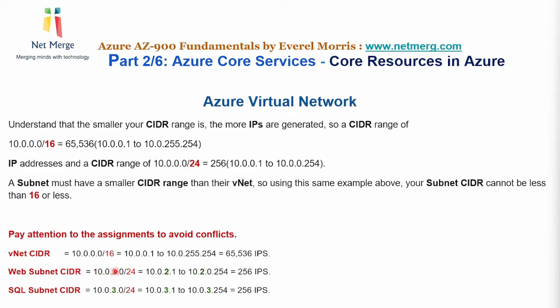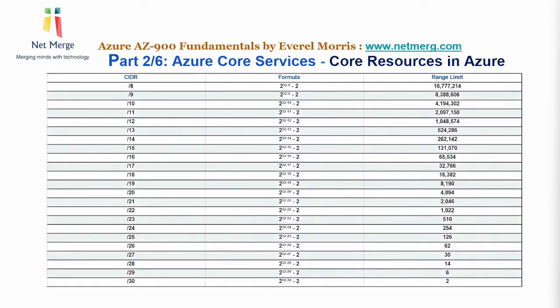So this is 10.0.2, and then I'm using 24, and this is 10.0.3, and then I'm using 24. So it creates a different series of IP addresses, and there would be no conflict in these CIDR ranges when they are created. So this is for you to understand not just the concept required for the exam, but to understand how the CIDR range works and how to avoid conflicts in your setup or in your shop.